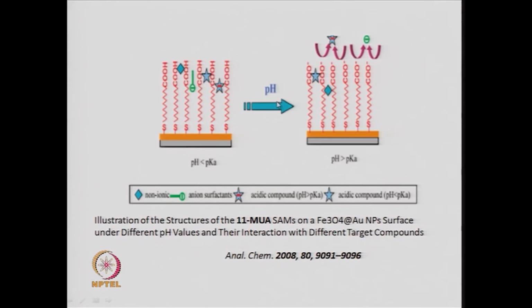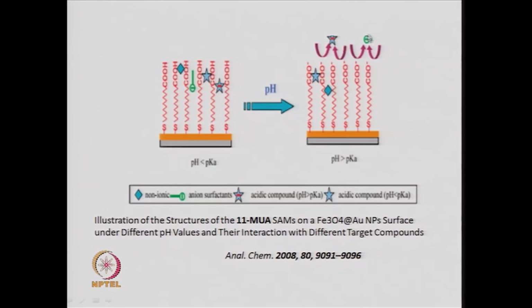However, at higher pH, when these will be having negative charges, then they will not like to bind negative or anionic species, and hence you see these are anionic surfactants, these green ones, they will not be adhering to this surface.